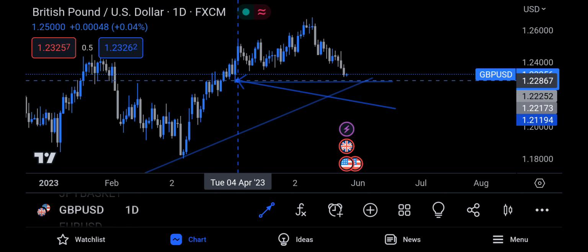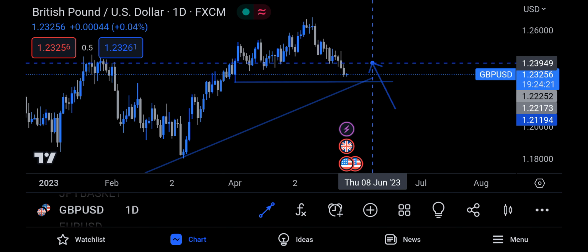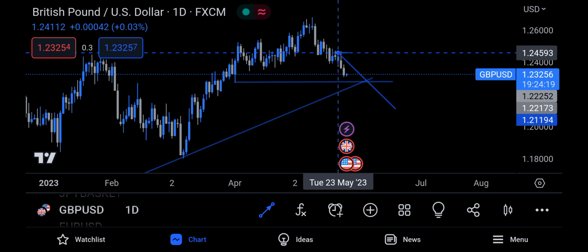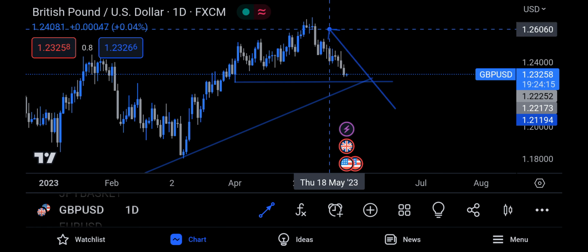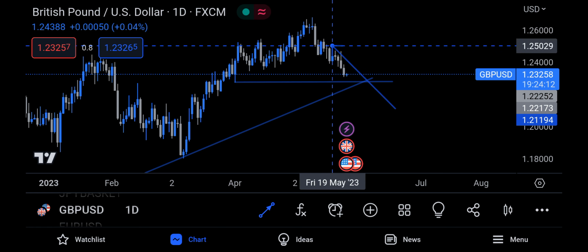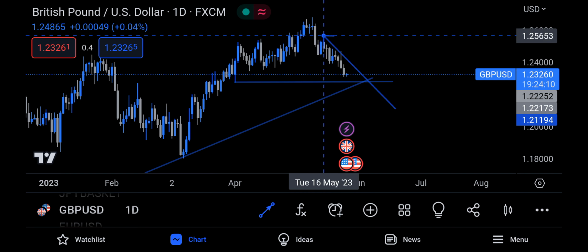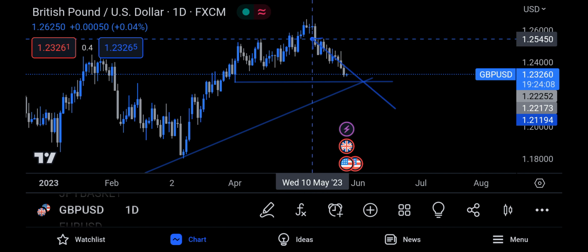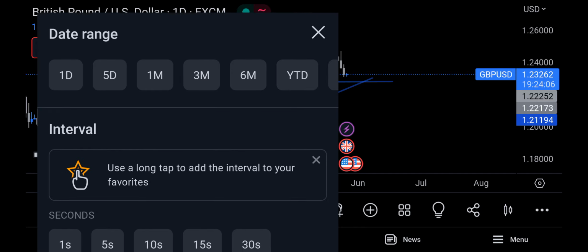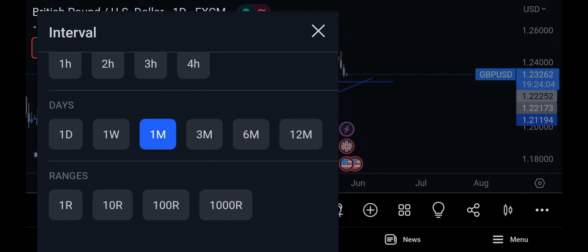I made the video on this pair, GBPUSD, so it will not be new to you. You can just quickly go back to the previous video to check what I talked about on GBPUSD, to refresh your memory about it. So let's go to the monthly time frame. Let's start from there.